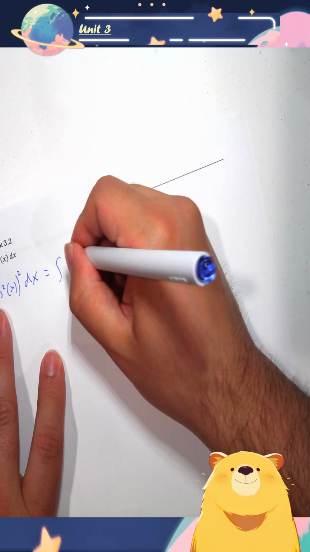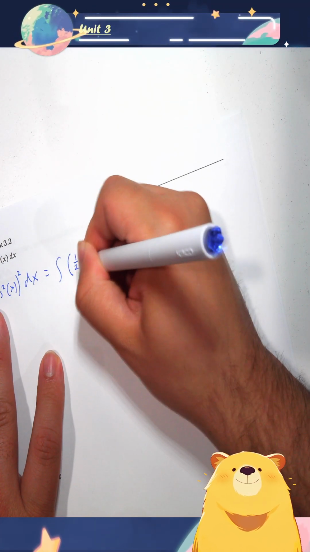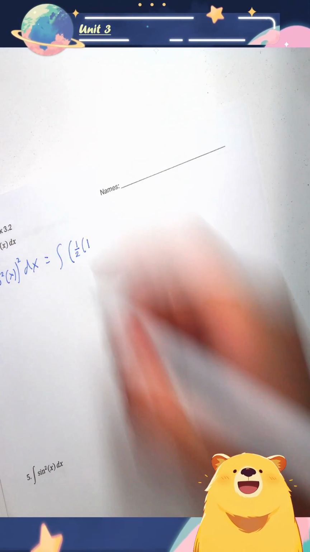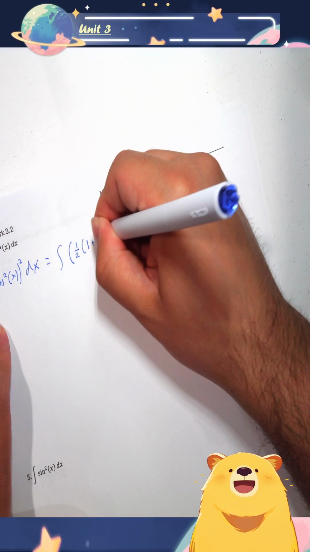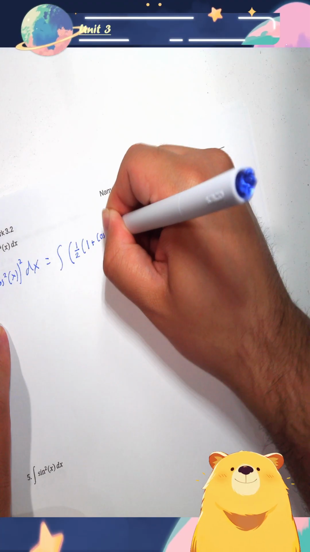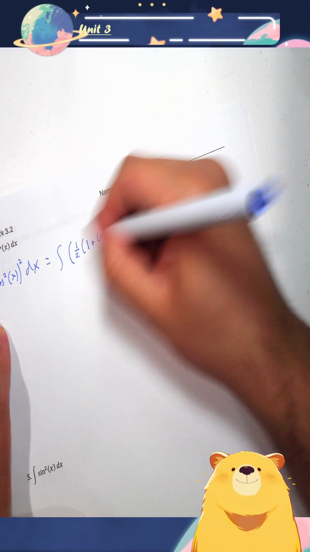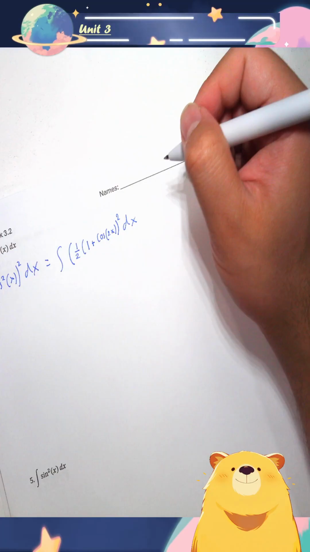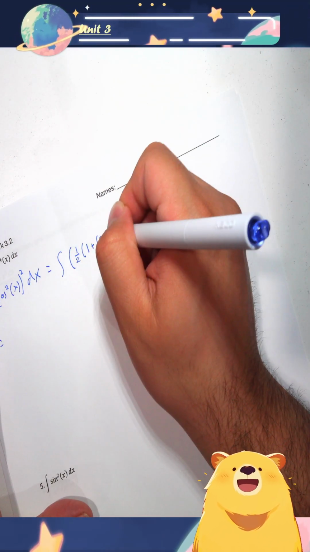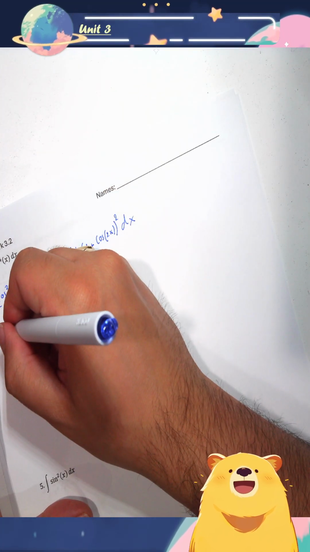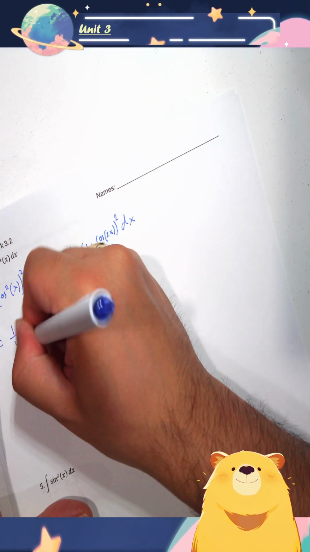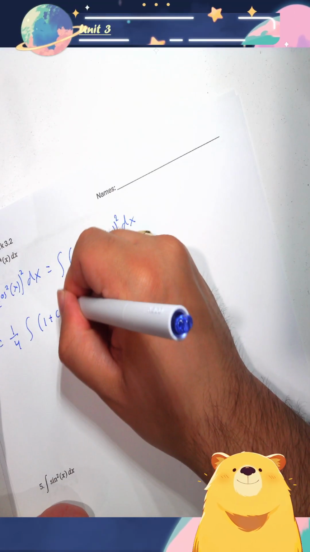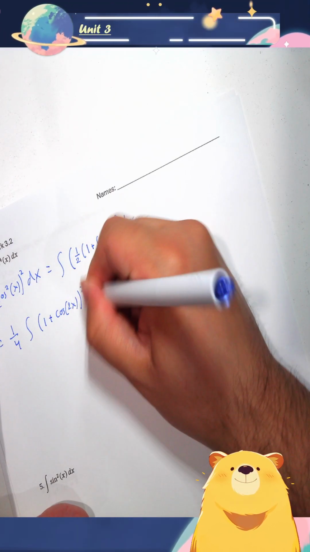It is, in parentheses, 1/2 of 1 plus cosine of 2x, all of which is squared, dx. And then you're going to go ahead and let the 1/2 escape to be 1 over 4. 1 plus cosine of 2x squared dx.